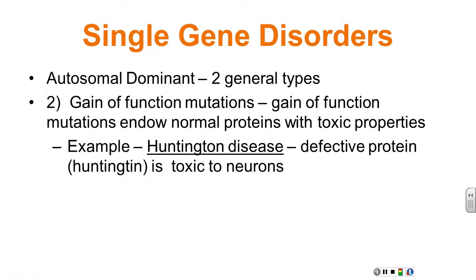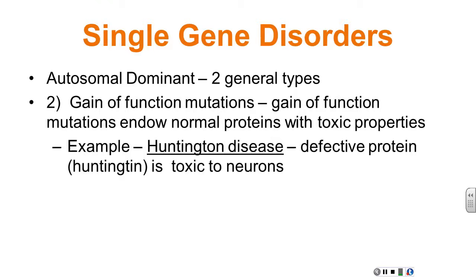Huntington disease is a very classical example of a gain of function mutation, where something now has toxic properties. If something's toxic, even if only 50% of it is there, it's going to affect the whole cell, right? So that's why that would be dominant. In Huntington disease, you have a defective Huntington protein.